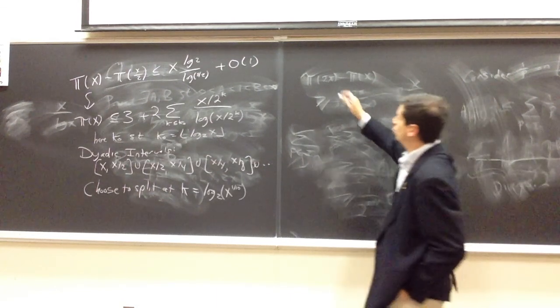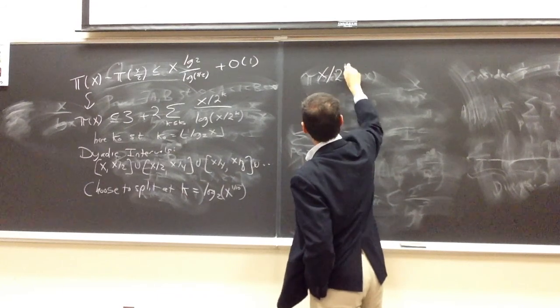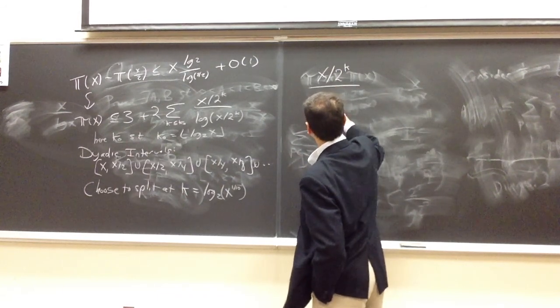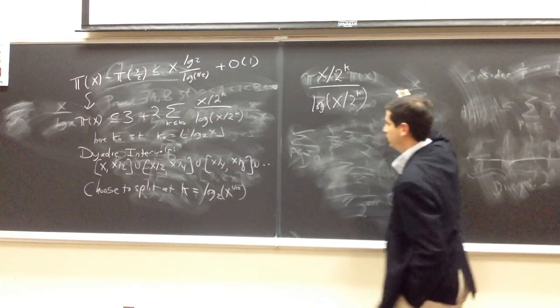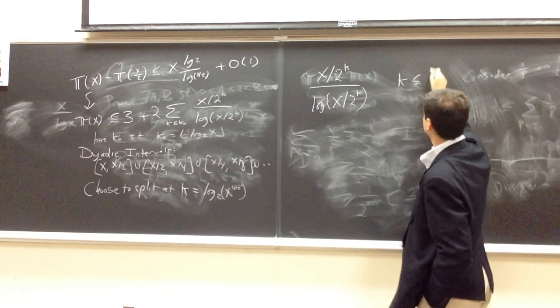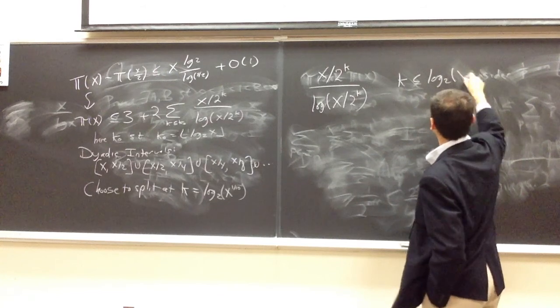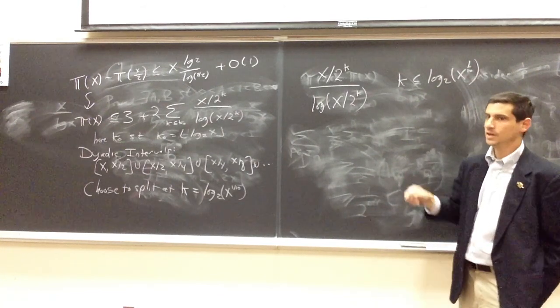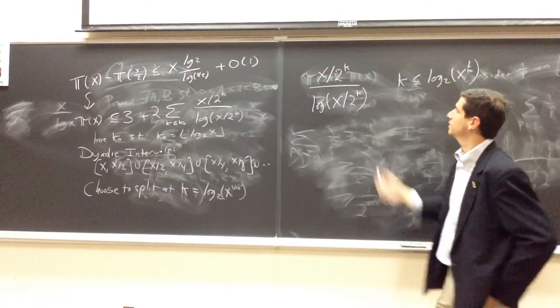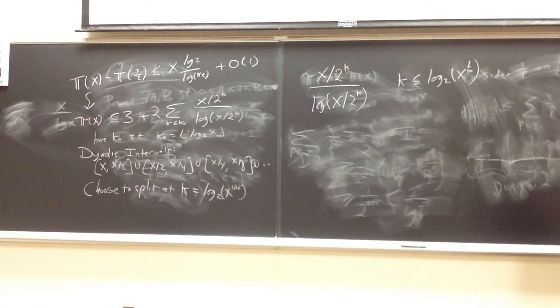Let's look at what's going on. We have x over 2 to the k times log of x over 2 to the k. And now we want to look at k less than or equal to the log base 2 of x to the 1/10. In this range, what's going to happen? What can you say about the log of x over 2 to the k?